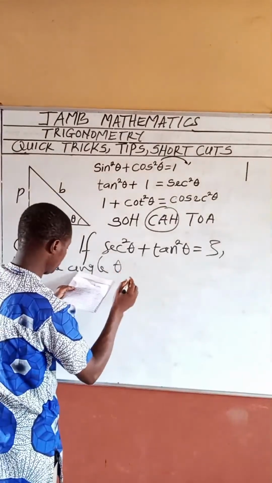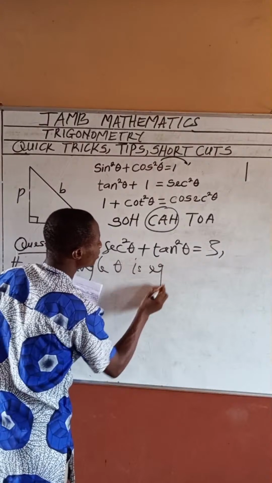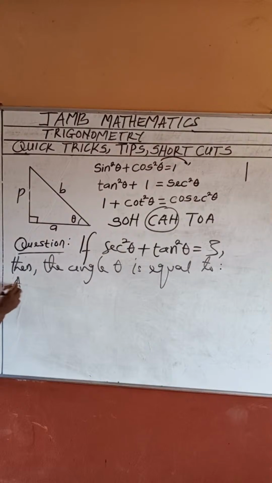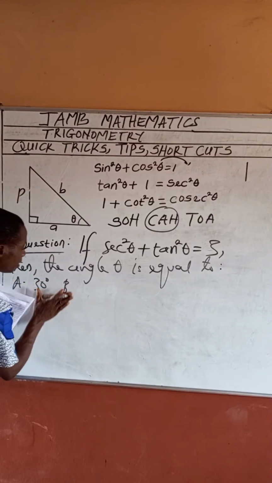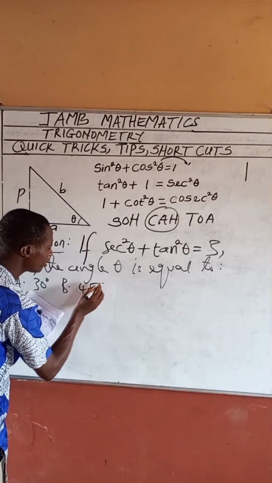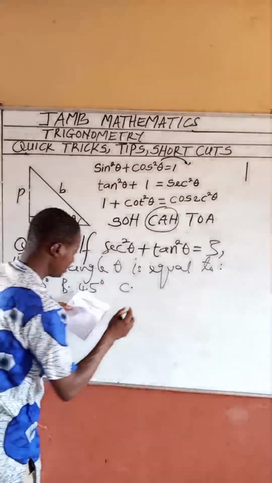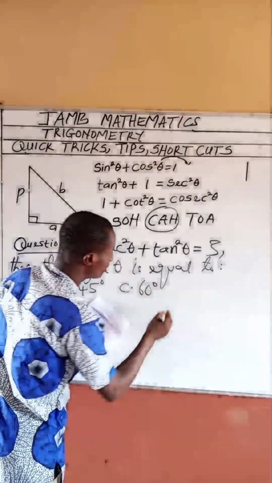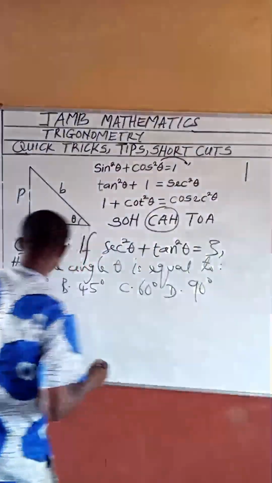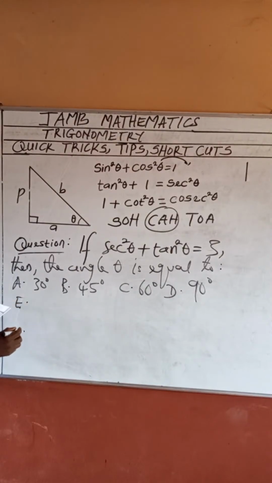A is 30 degrees. Is it 30? B is 45. Is it 45? C is 60 degrees. Is it 60 degrees? D is 90 degrees. Is it 90 degrees? E is 105 degrees.